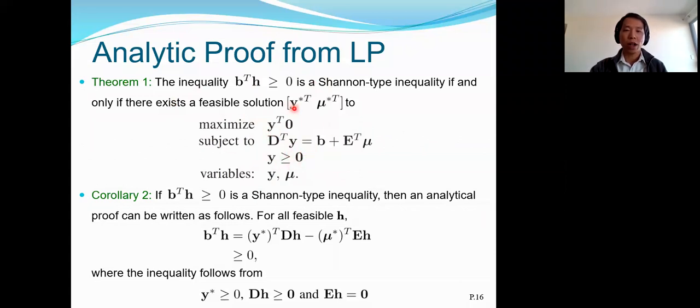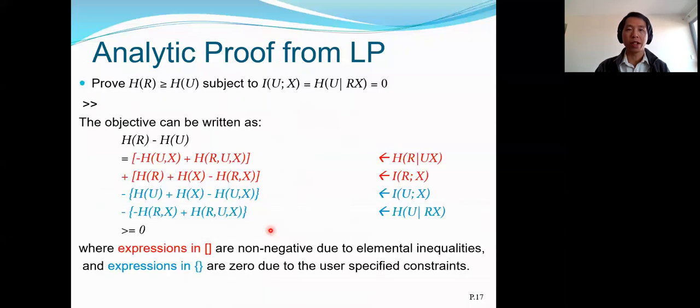And then from this Y star and mu star, we can construct a proof using this format. That is, the given inequality can be rewritten in this form, and then we can show that it is always non-negative. Now, let me explain these slides here through an example. It will be easier.